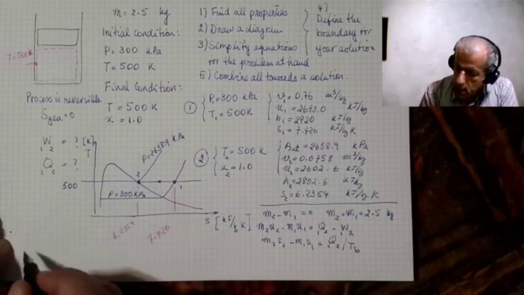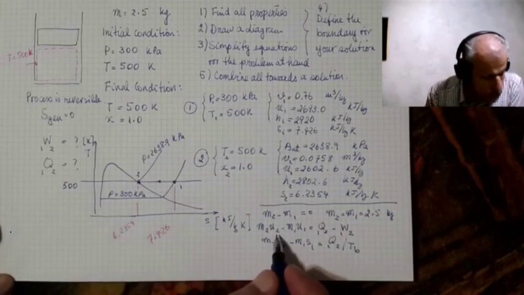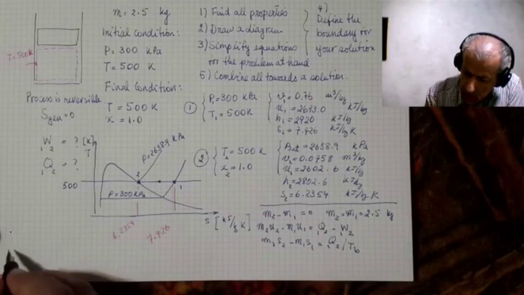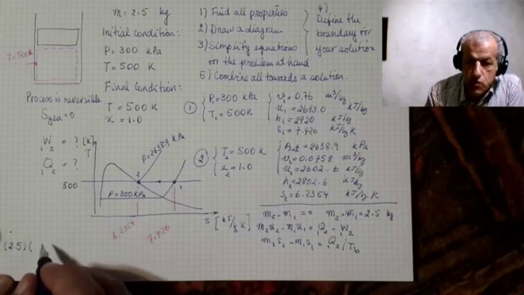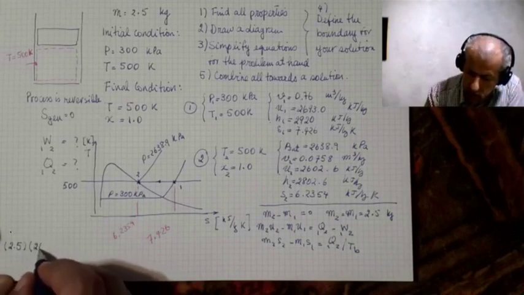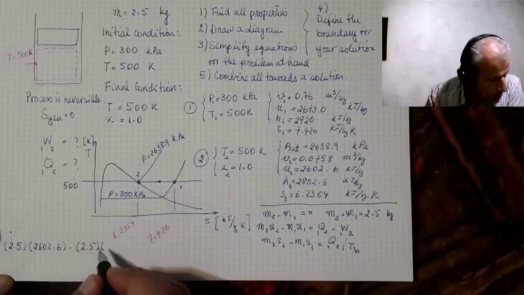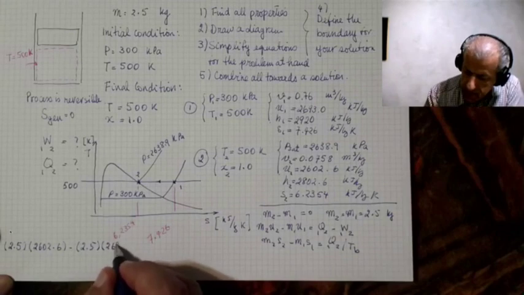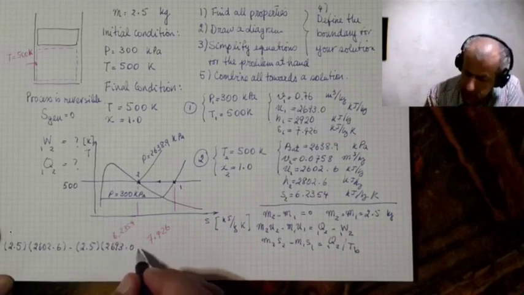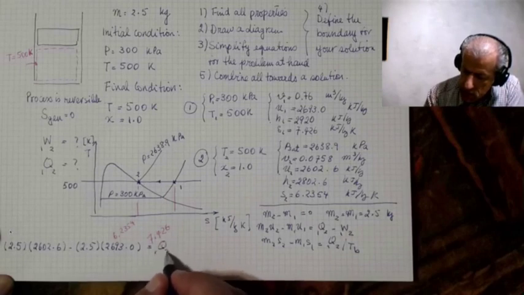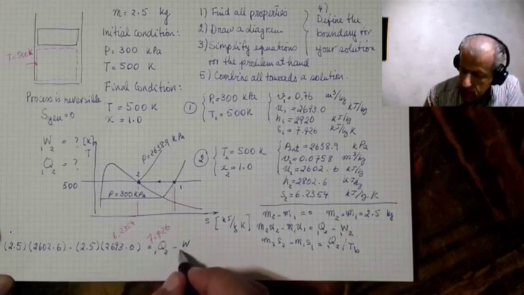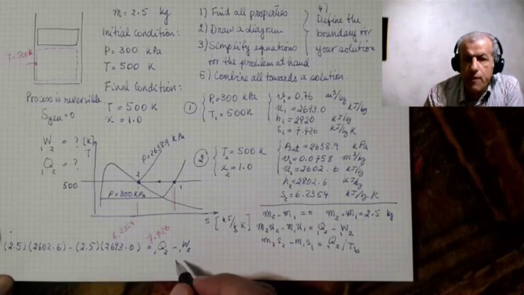So, mass is 2.5 kilograms, so 2.5 times U2 minus U1, which would be 2602.6 minus 2.5 times 2693.0 equals Q12 minus W12. And that is the first law of thermodynamics.